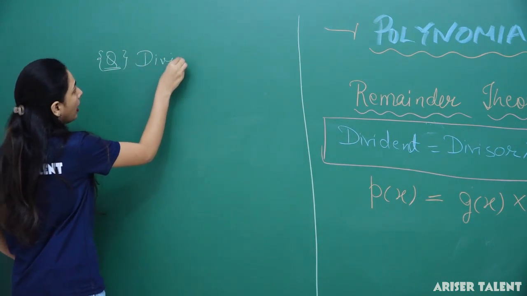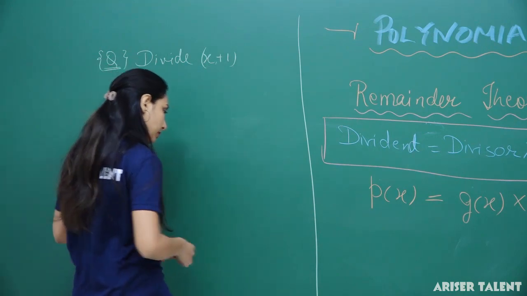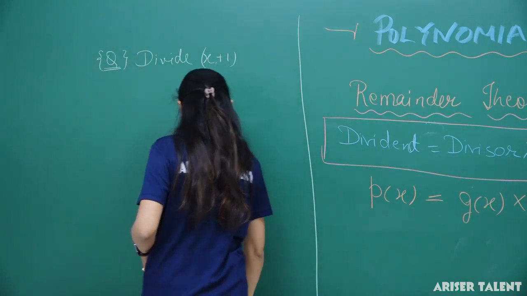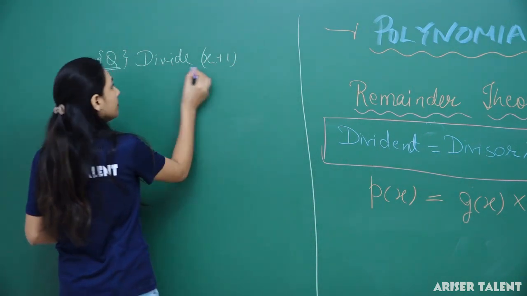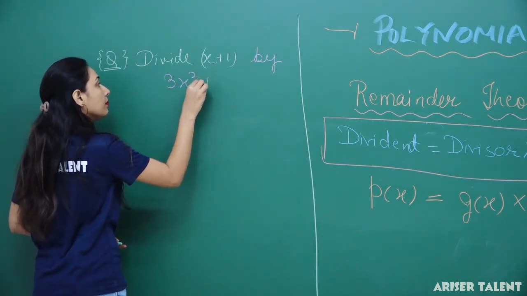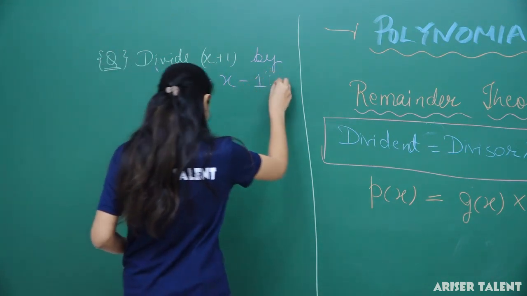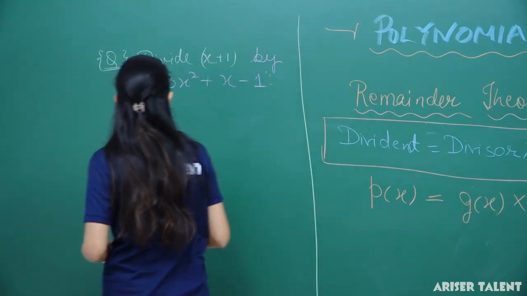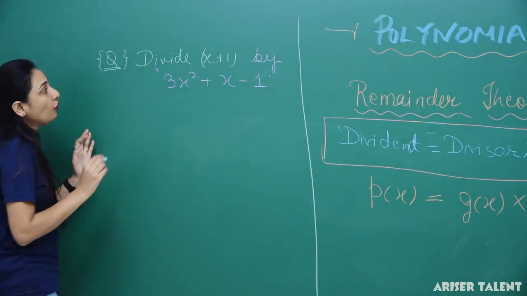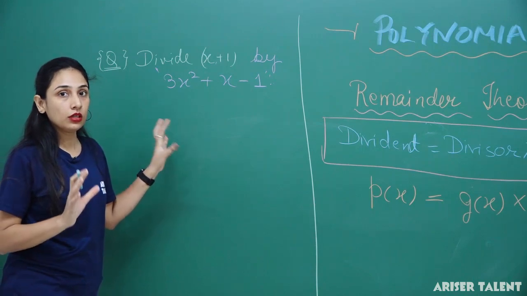Here it is, your question or example you can say is divide 3x square plus x minus 1 by x plus 1. So this is your question. Now how will you do this division process in polynomial?